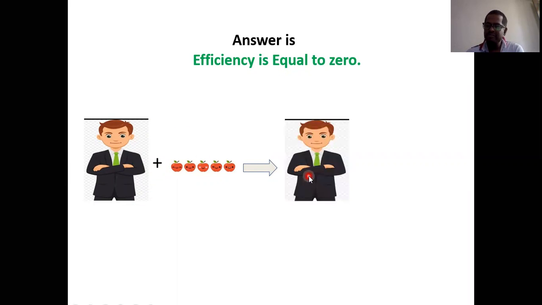Similarly, when he comes to Vijayawada, if I measure the amount of energy possessed by this candidate, I may not get the energy equivalent to 5 apples. I may get 4 apples or 3 apples or 2 apples, whatever it is. If we assume 4 apples, this is the case at Vijayawada.